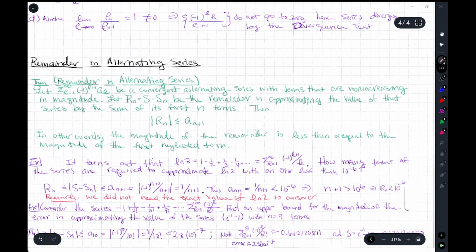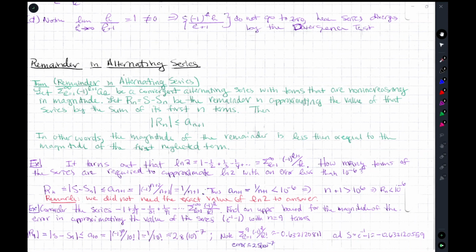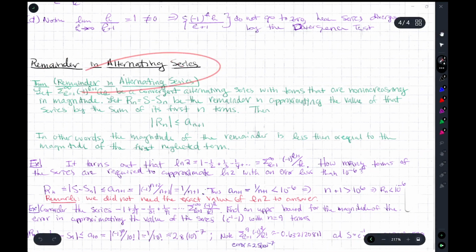So let's conclude by talking about the remainder in alternating series, okay? You'll recall that the remainder here is S minus Sn. So S is the sum of the infinite series, and Sn is the nth partial sum, okay?